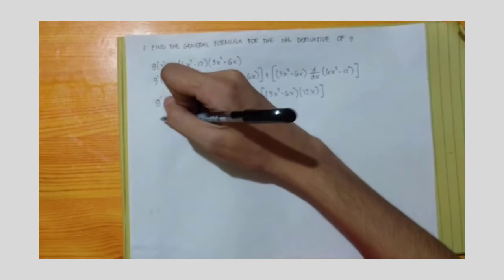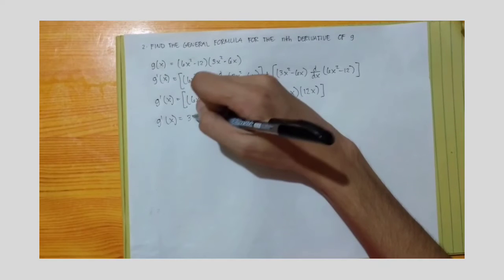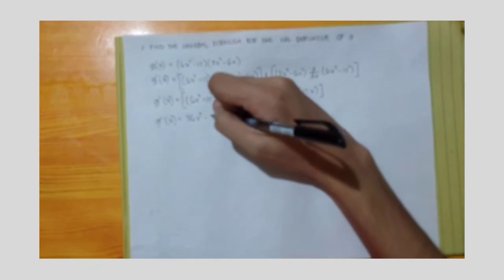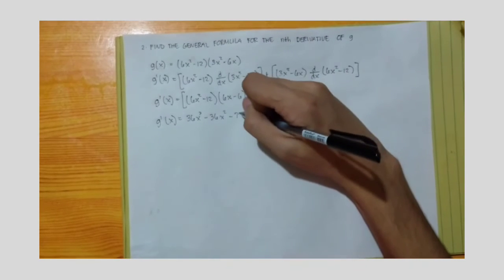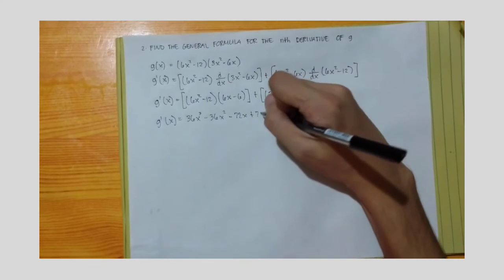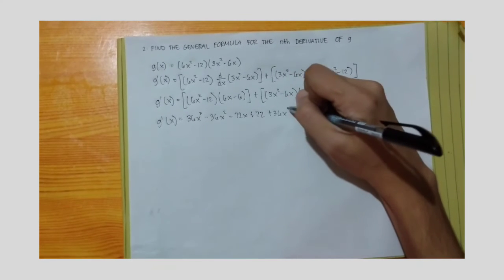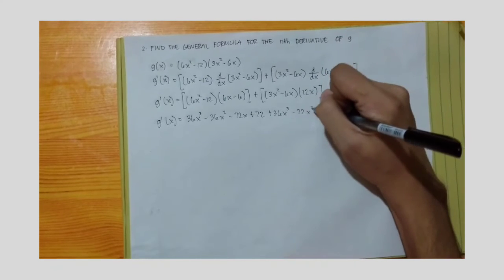Then we will have g prime of x: 36x cubed minus 36x squared minus 72x plus 72 plus 36x cubed minus 72x squared.